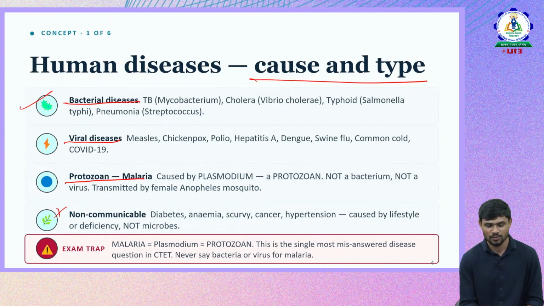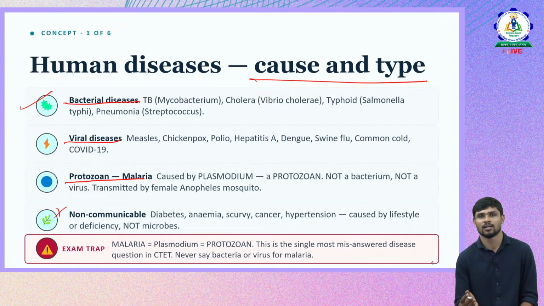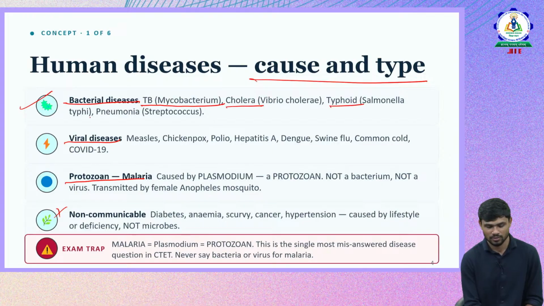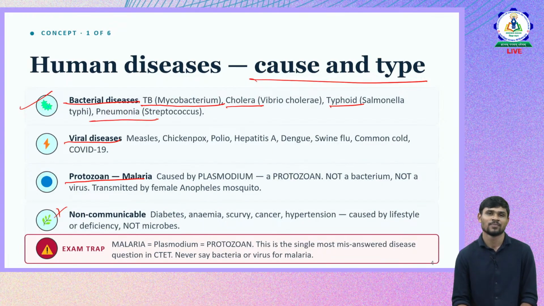So what are the bacterial diseases? These we have to remember. We should know which disease is caused by which organism. There are diseases like tuberculosis, cholera, typhoid and pneumonia. All these are bacterial diseases caused by bacteria.